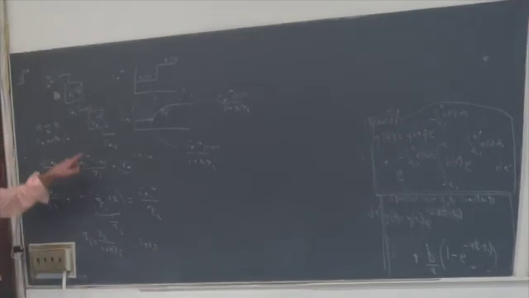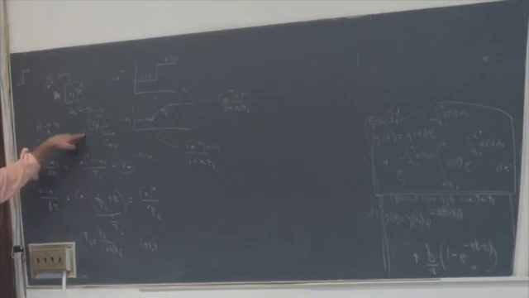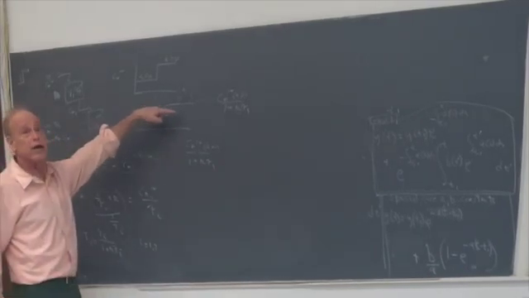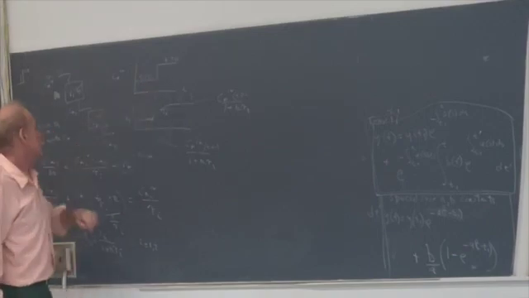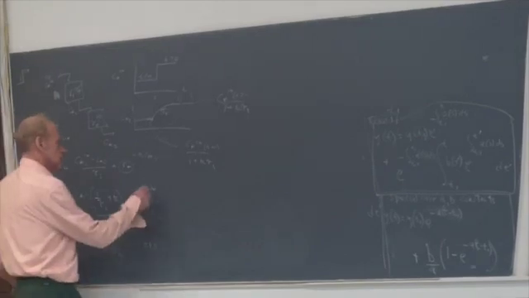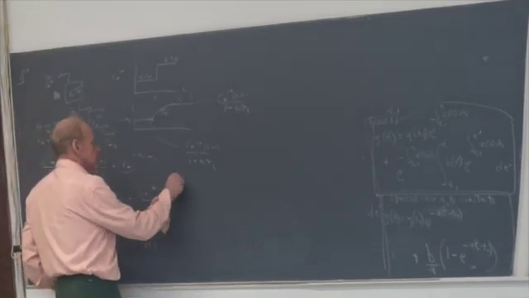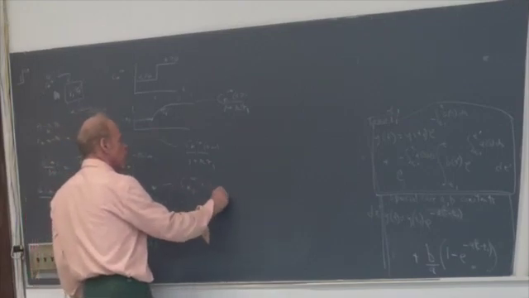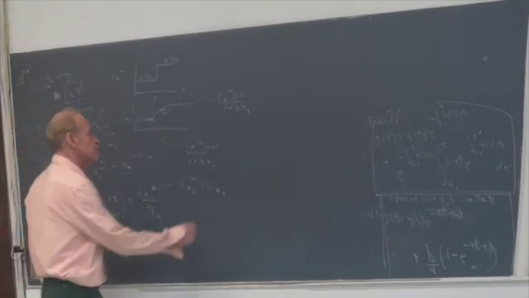But the difference is, for reactor 2, what's the inlet to reactor 2? The outlet from reactor 1. So the outlet from reactor 1 changes with time. It's not a step function. So for CA2, CA2 in is equal to CA1 out, which is a function of time.